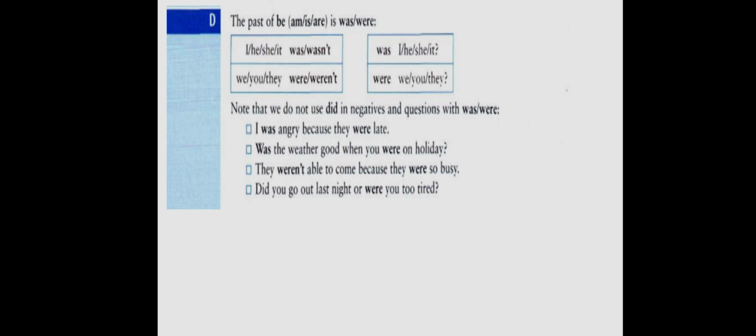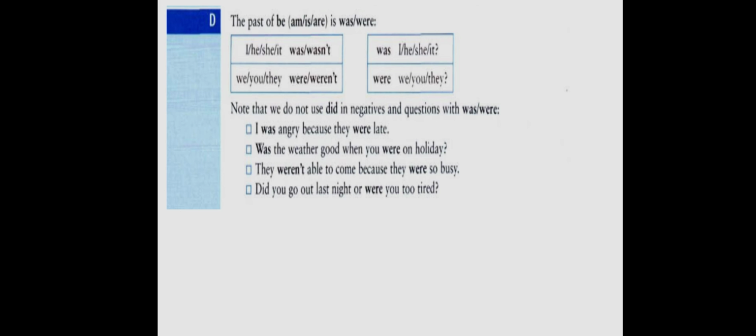But here you have "was" and "were", or "wasn't" or "weren't", so you don't need to use "did" at all, because "was" and "were" are helping verbs. Why use another helping verb? So you don't use "did" at all when you use "was" or "were" in the past simple. So we say, "Was the weather good when you were on holiday?"